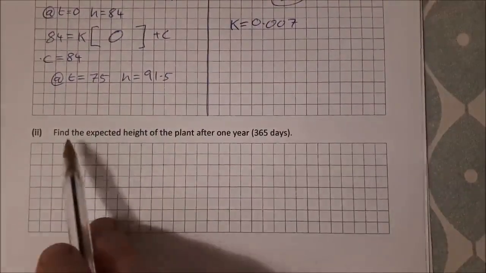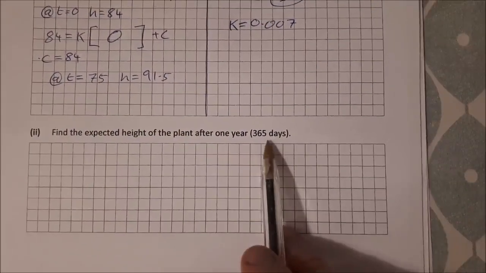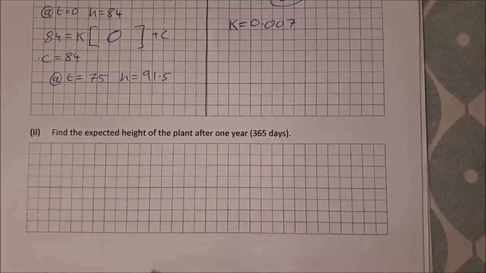And part 2, find the expected height of the plant after 1 year, which is 365 days.